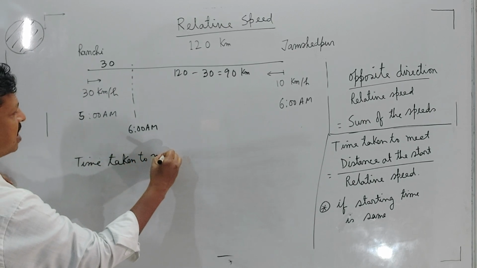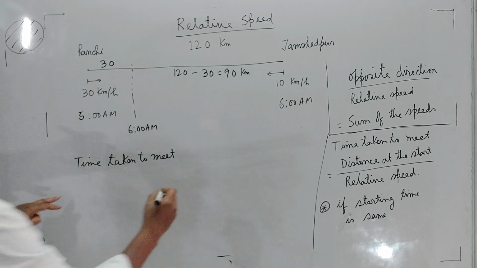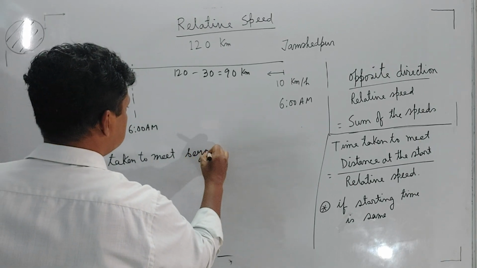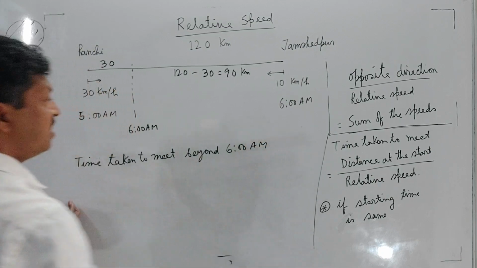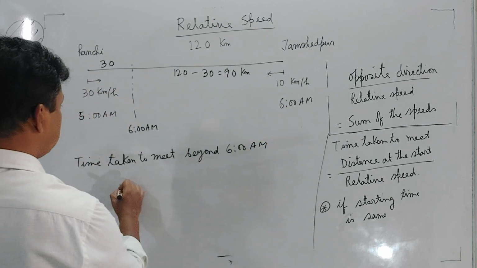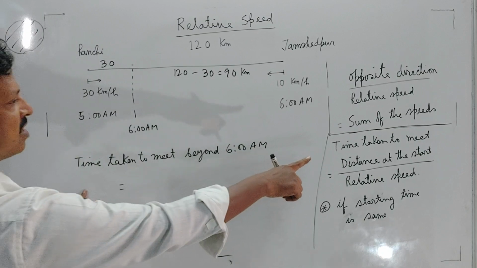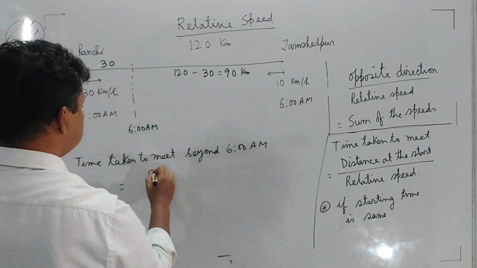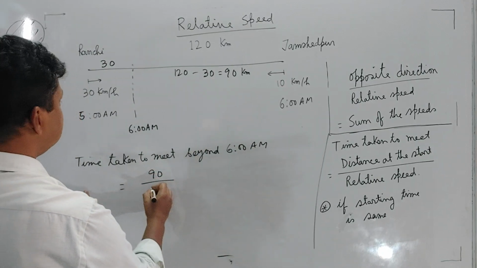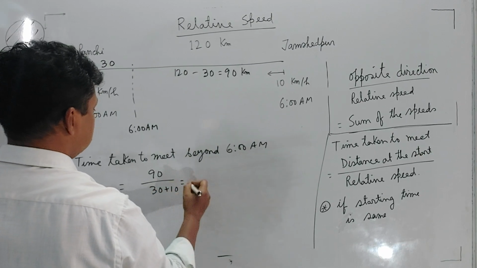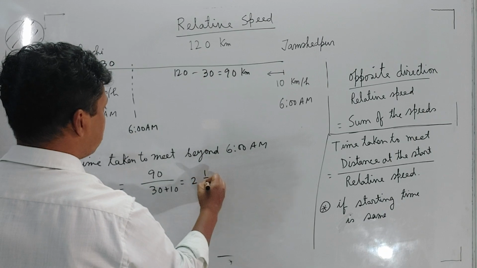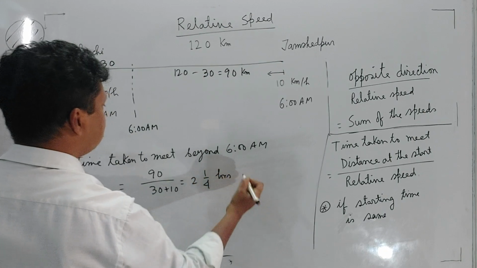Time taken to meet beyond 6 a.m. Please remember, here it is beyond 6 a.m. So this comes out to be at 6 a.m. What is the distance? The distance is 90. And what is the relative speed? 30 plus 10. So this comes out to be 9 by 4, that is 2 1 by 4 hours.